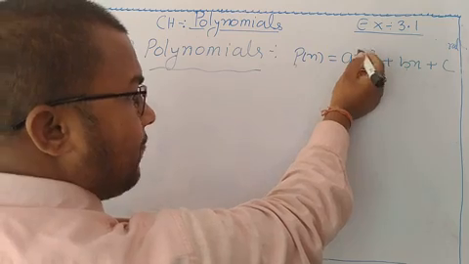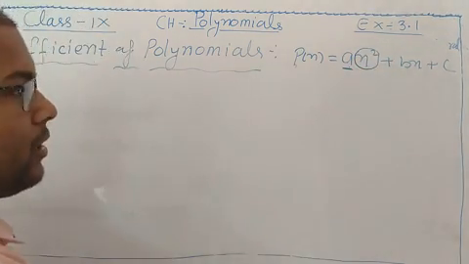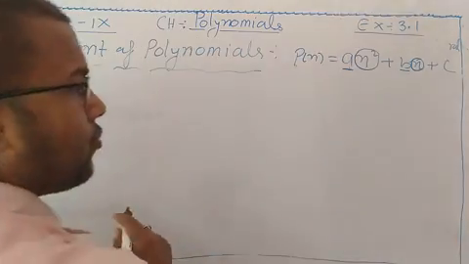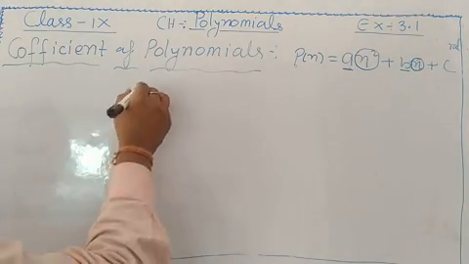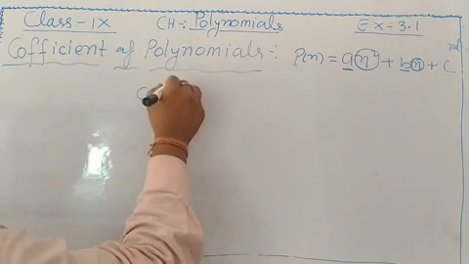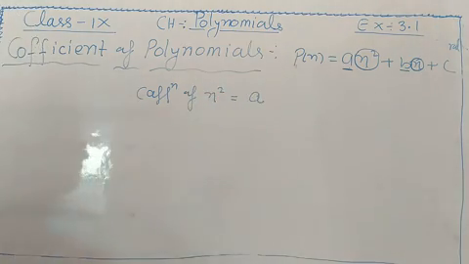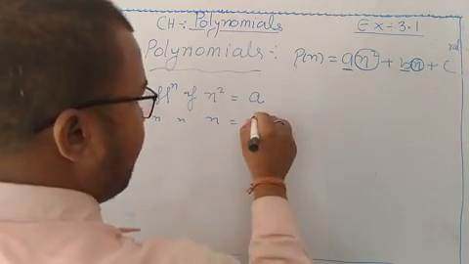The coefficient of x² is a. The coefficient of x is b. Coefficient means multiple of variables. The coefficient of x² is denoted by a, and the coefficient of x is b.